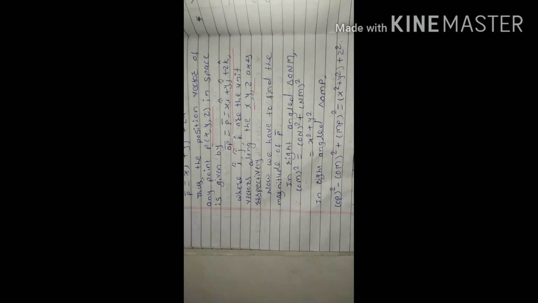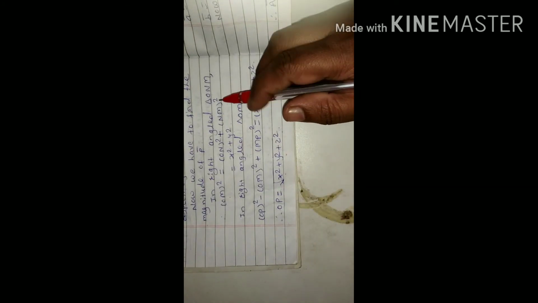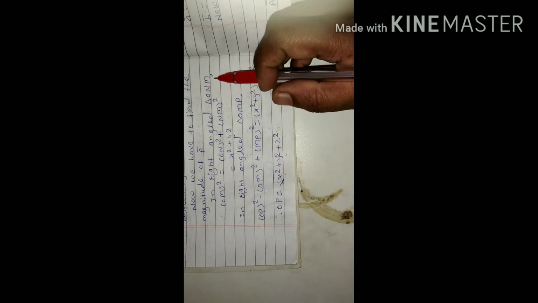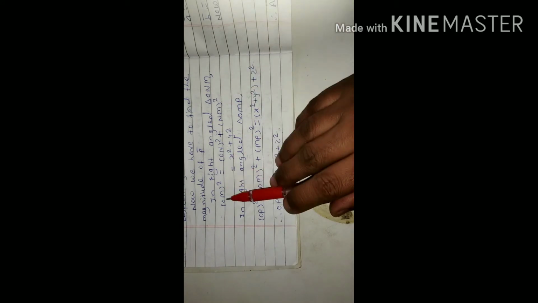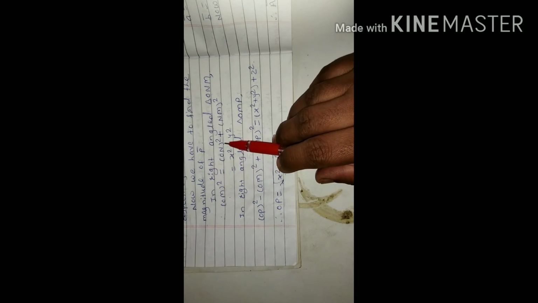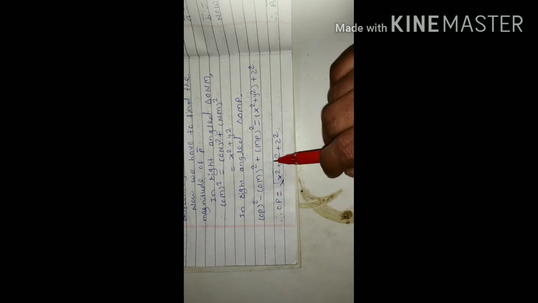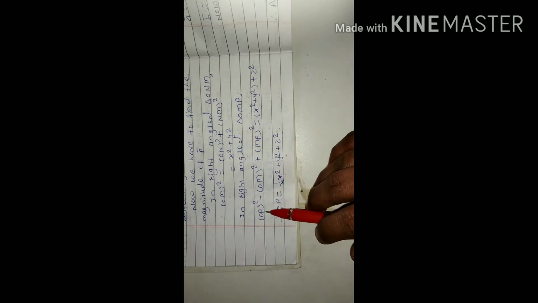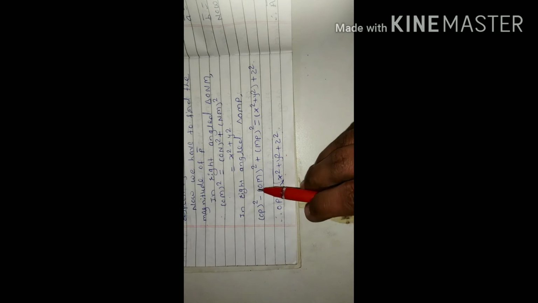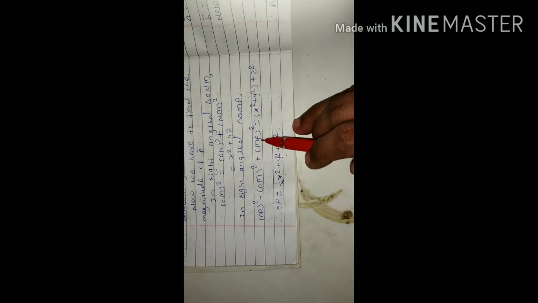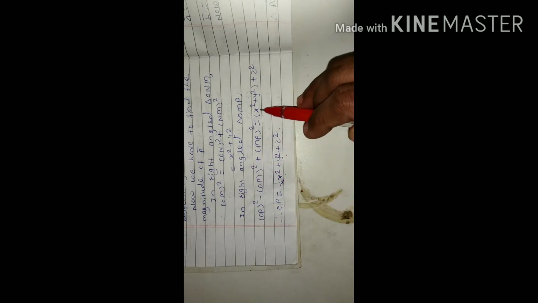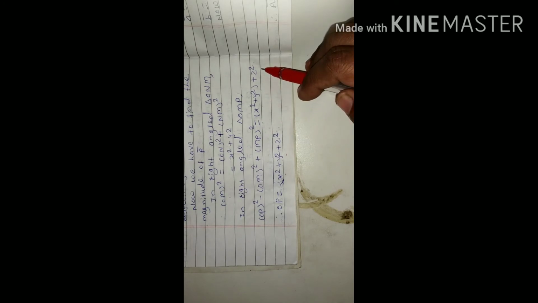Now we have to find the magnitude of P bar. In the right angle triangle ONM, OM square is equal to ON square plus NM square, that is x square plus y square. In the right angle triangle OMP, OP square is equal to OM square plus MP square, which is x square plus y square plus z square.